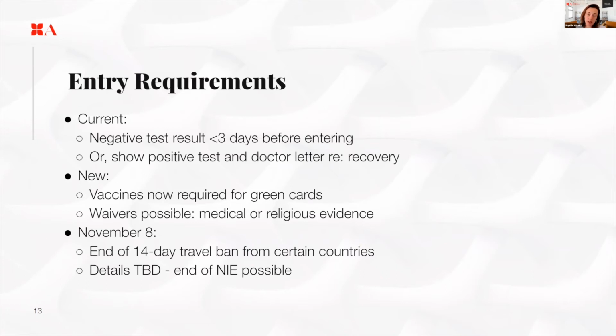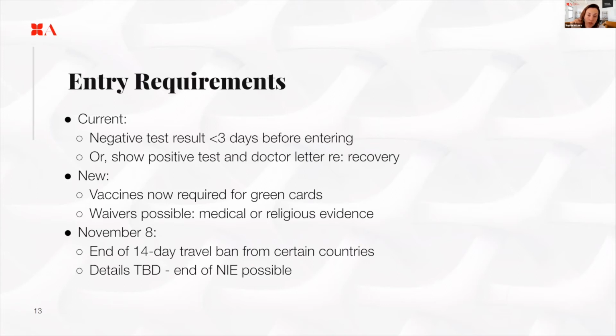And the rule was that if you had been in those locations in the last 14 days, you would not be allowed to directly enter the United States. So that included the Schengen area of Europe, as well as the UK, Ireland, Brazil, India, China, among others.